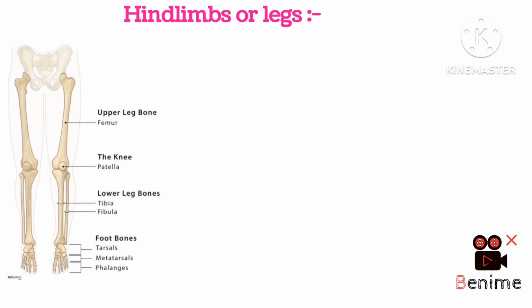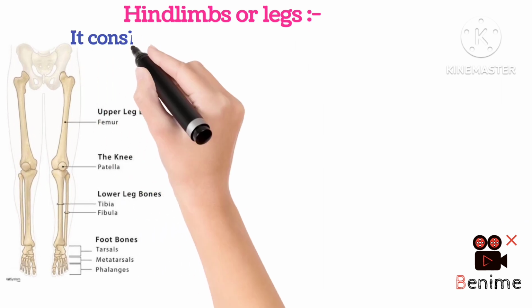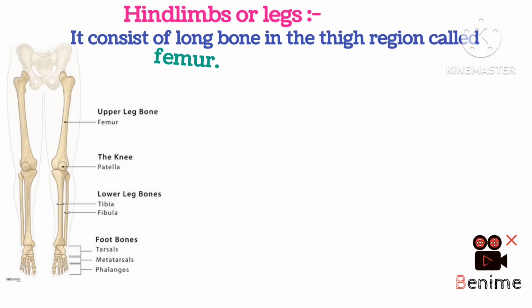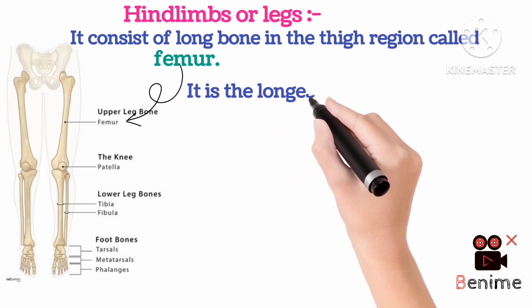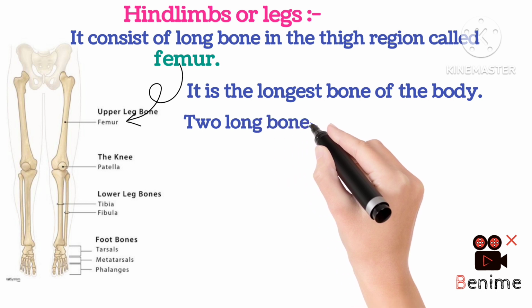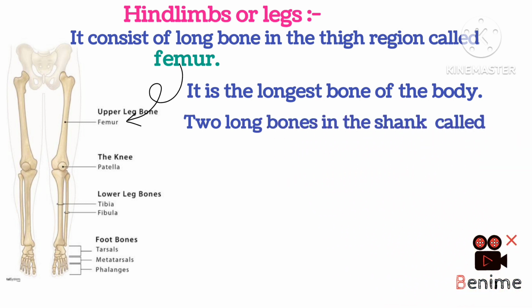Hind limbs or legs. It consists of a long bone in the thigh region called femur. It is the longest bone of the body. 2 long bones in the shank called tibia and fibula.